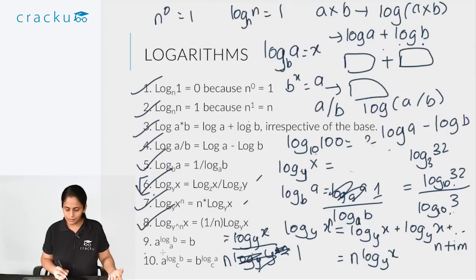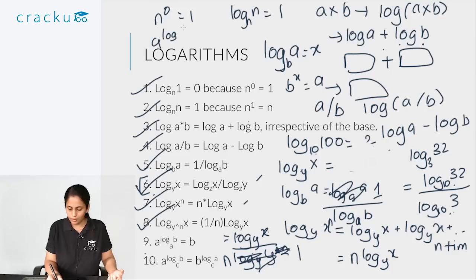Now, a raised to log of b to the base a is equal to b just comes from this definition. Suppose a raised to log of b to the base a is x. Now I take log to the base a on both sides.